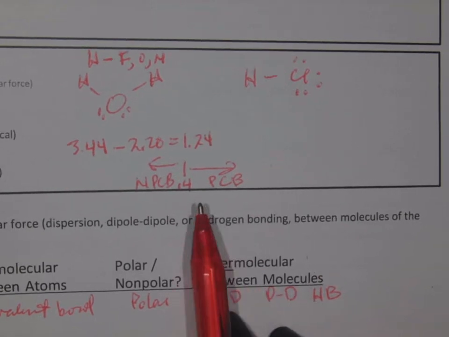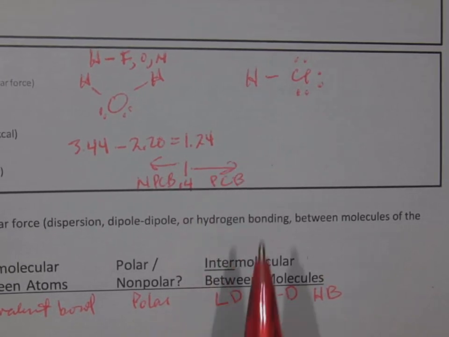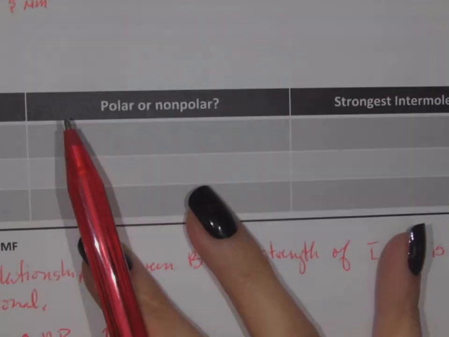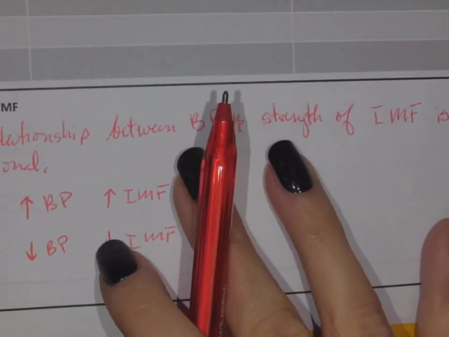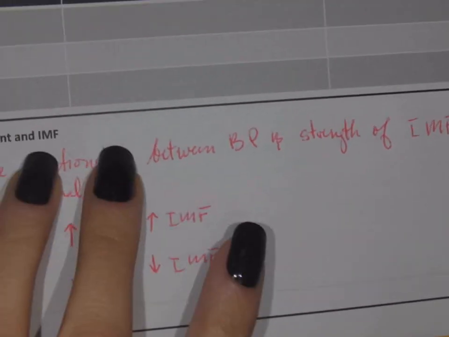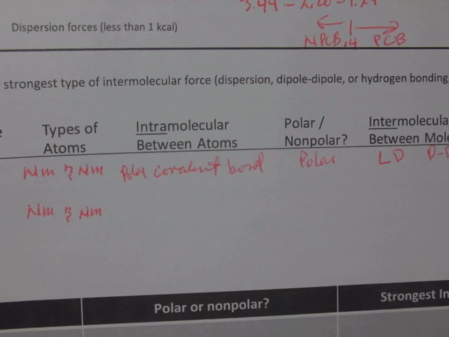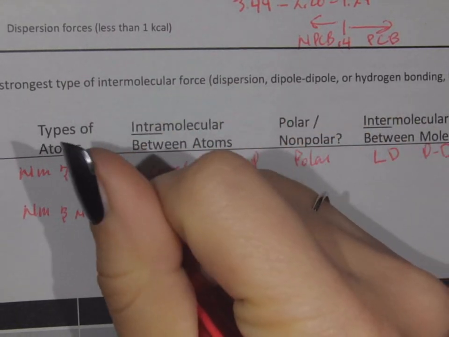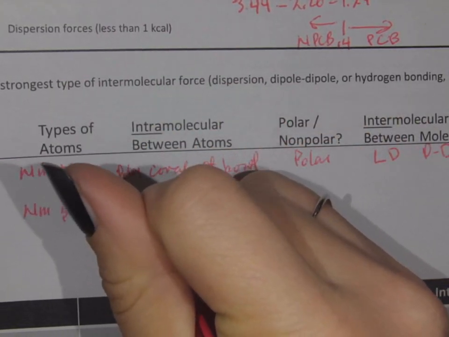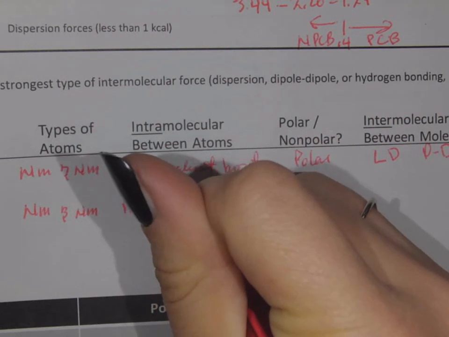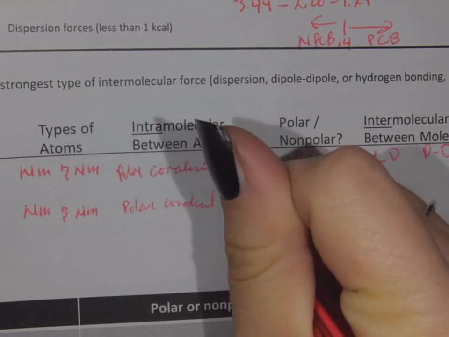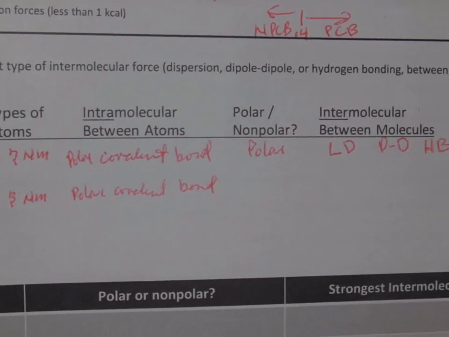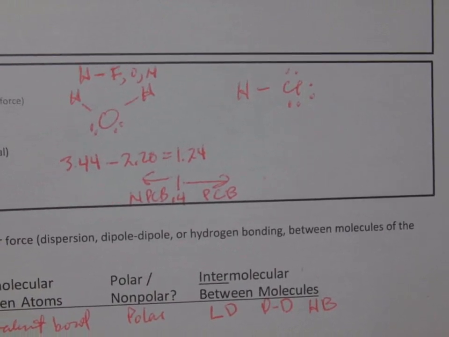So 0.96 falls in the polar covalent range. So that bond inside is a polar covalent bond.